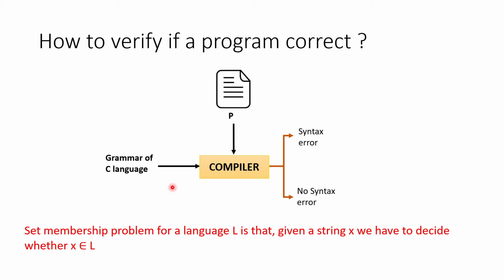Because a grammar is defined by 4 entities: V, T, P and S. V is a finite set of non-terminals, T is a finite set of terminals, P is a finite set of production rules, and S is the start symbol. Everything is finite. You can store it within the computer memory, and it itself represents the whole language, the rules.